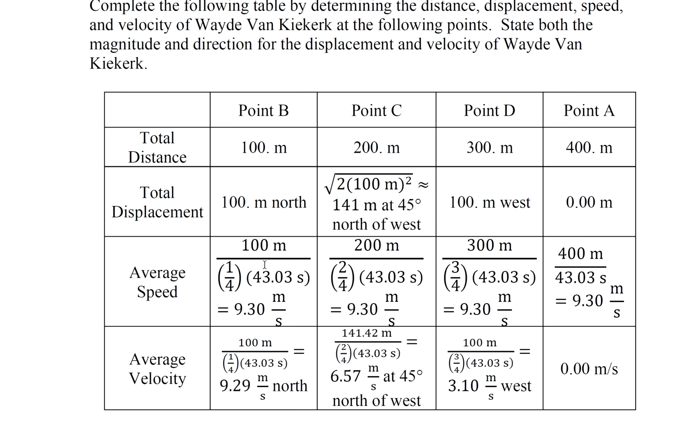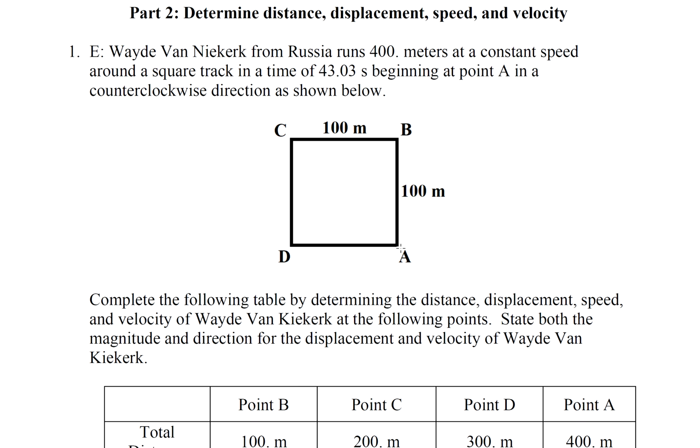The average speed that it takes to go from point A to point B is 43.03 seconds divided by 4. Then from point A to point C, it's 43.03 seconds divided by 2. Then from point A to B to C to D, it's 43.03 seconds times 3 over 4.